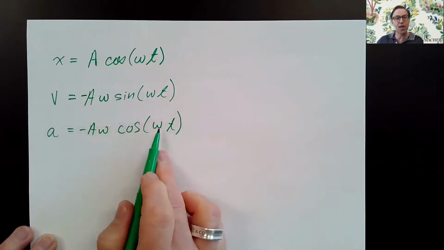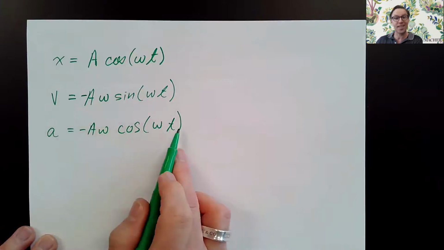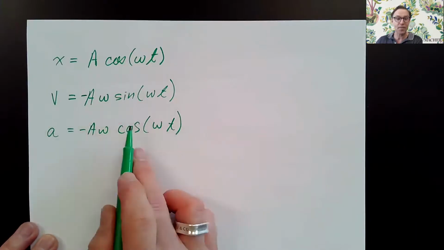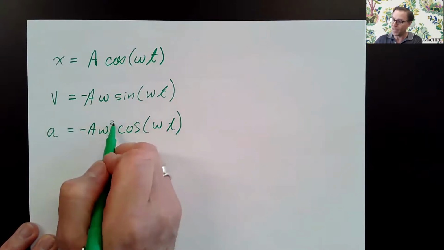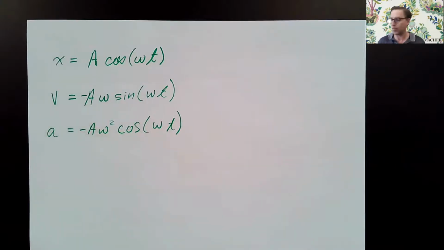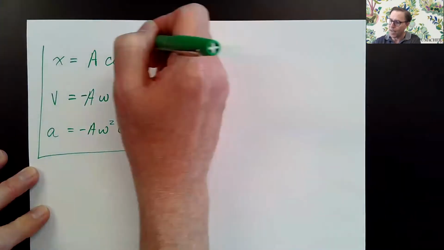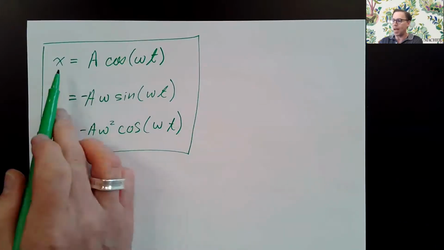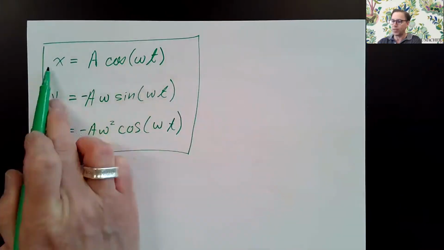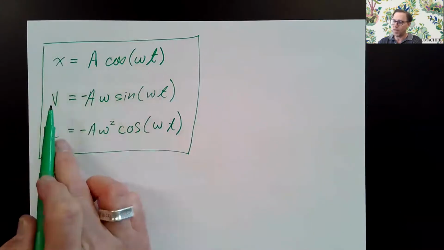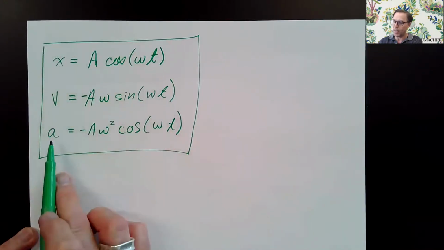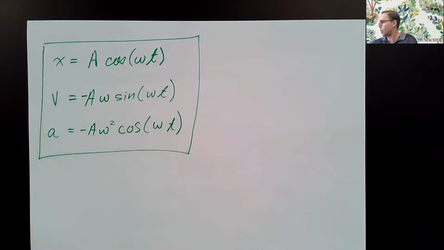But wait, I have to do the chain rule. The derivative of omega t again is omega. So I have to multiply by another omega, and I get an omega squared there. So these three equations are very helpful for us. The back and forth motion: here's the position as a function of time, here's the velocity as a function of time, and the acceleration as a function of time.